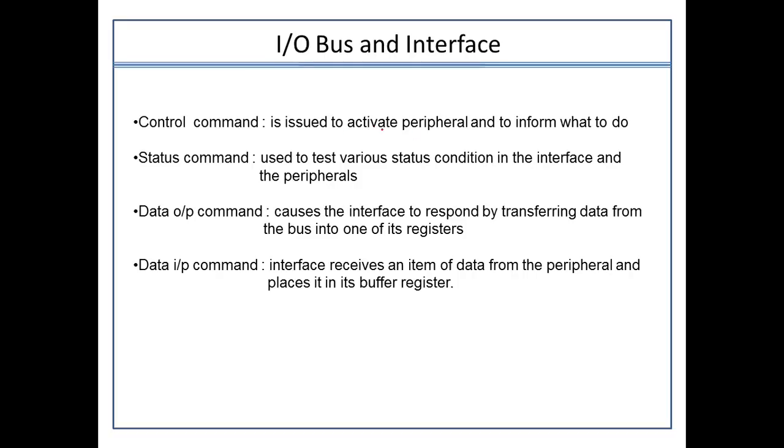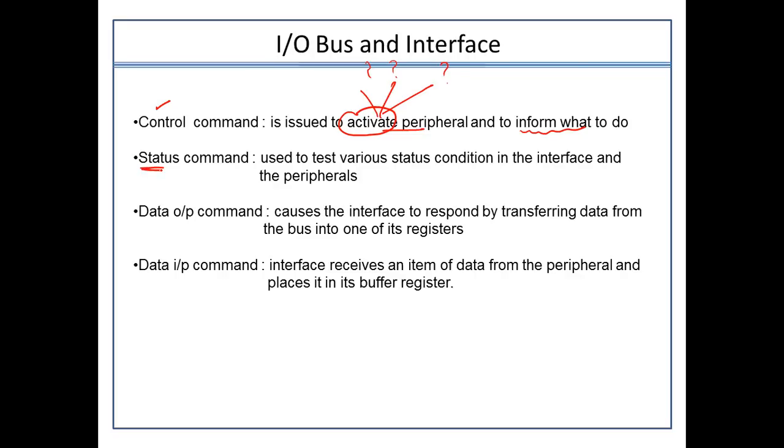It is issued to activate the peripherals. Control command means which particular peripheral wants to take the control, whether it is the keyboard, the magnetic disk, or the printer. It will simply activate it and also inform what this particular peripheral wants to do and which operation it wants to perform. Okay, so this is the purpose of the control command.